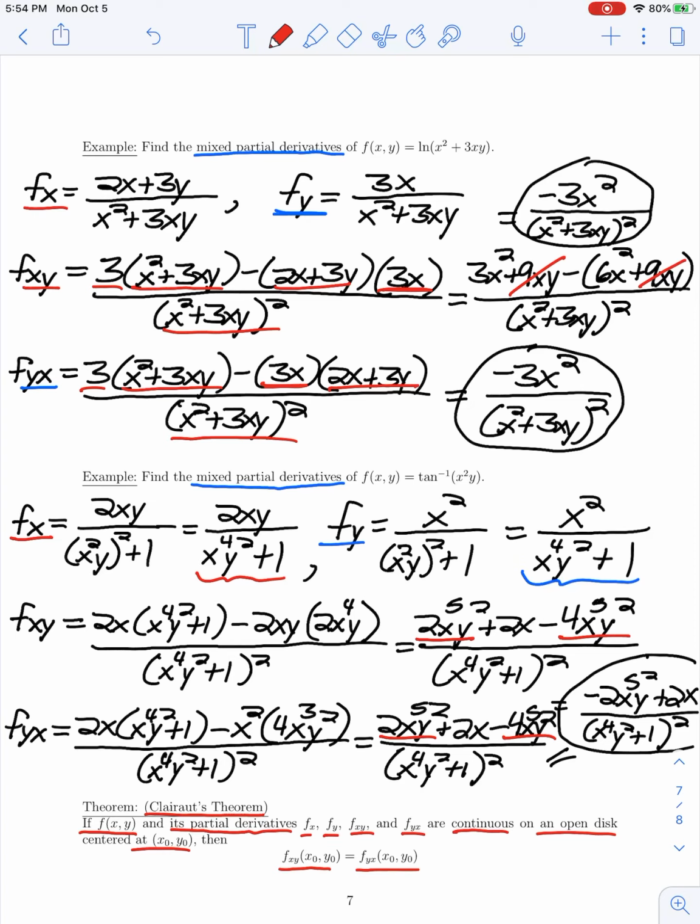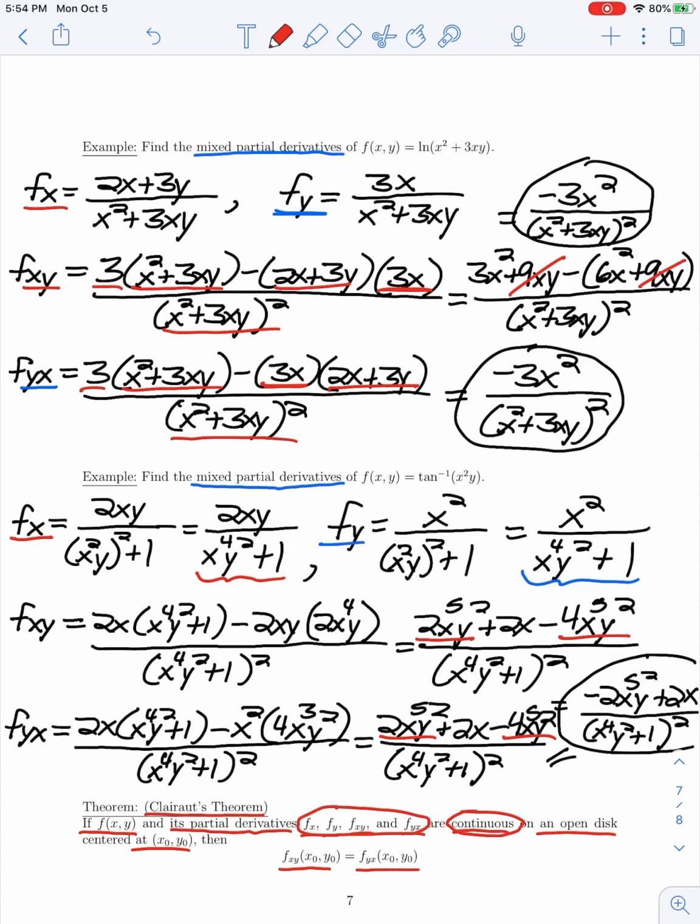And the condition for these mixed partials to be the same is that the function we're differentiating, along with its first partial derivatives and those mixed second order partial derivatives, all have to be continuous. So as long as we have relatively nice functions, then these mixed partials will be the same.